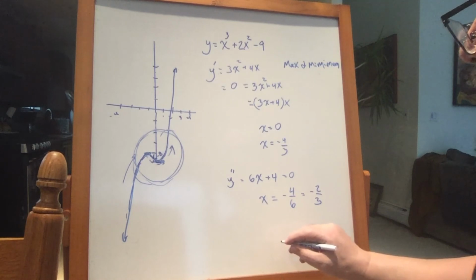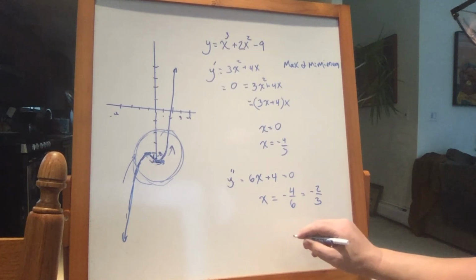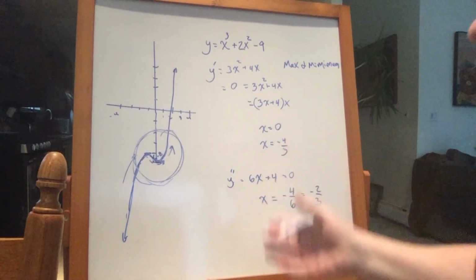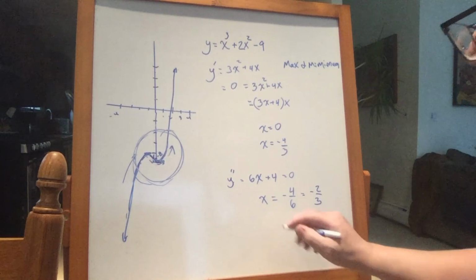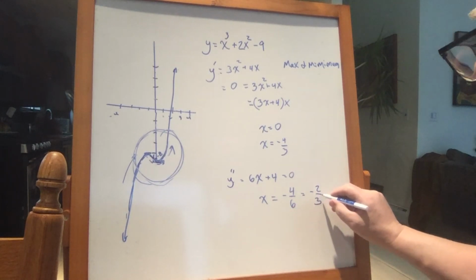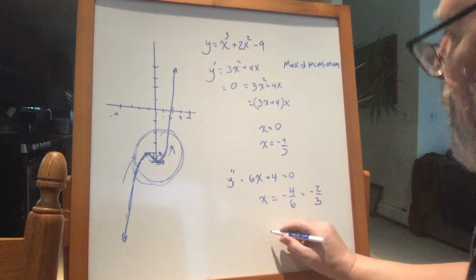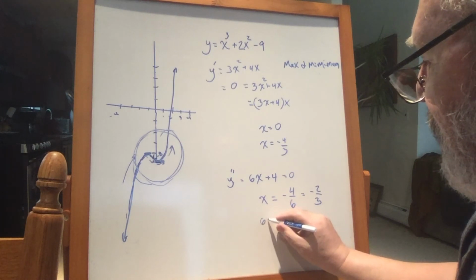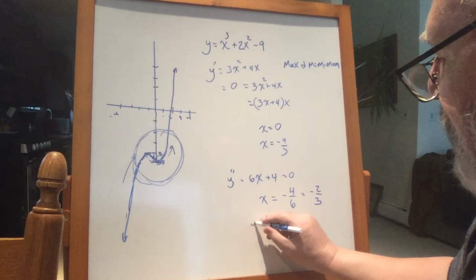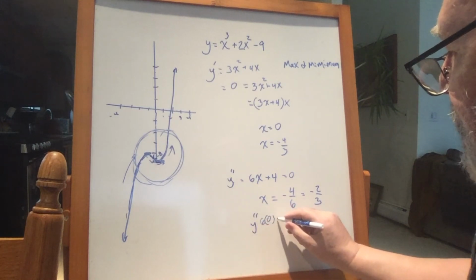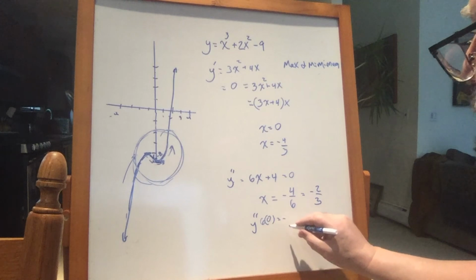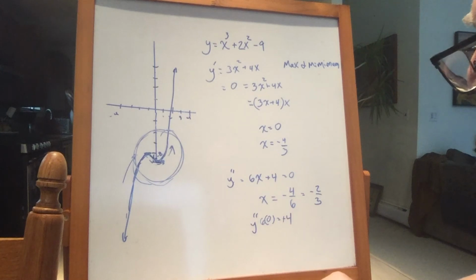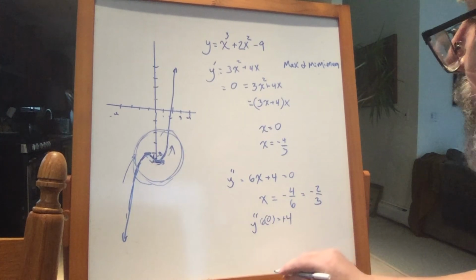And that is one of the important aspects of plotting a curve, to find out where that change takes place. So let's take a look. Something a little larger than minus 2/3. So let's look at 0. When x is 0, y double prime is equal to 4 plus 4, and you can see it was positive.